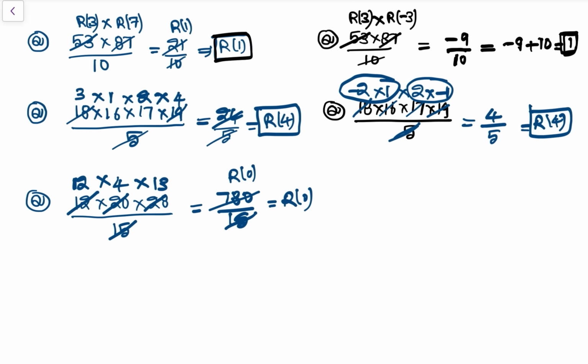Now let's do it with negative remainder concept. See, 12 into 20 into 28 upon 15. इसको I can simply write as -3, and here it is 4, and here it is into -2. So minus into minus is plus. So 4 2s are 8, 8 3s are 24.